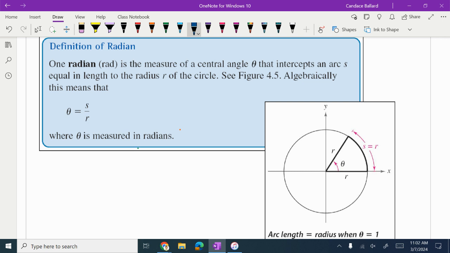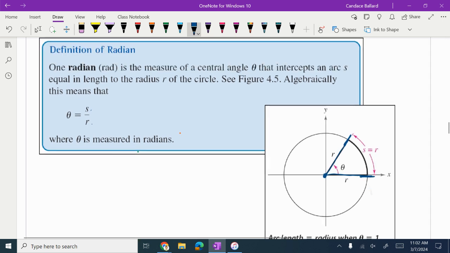So what that means, remember a central angle is something that comes out of the center of the circle, and the measure of this angle intercepts the arc of the circle. To get theta, we don't do this calculation. It's just showing you the background. That arc length, we divide it by the radius, and then that gives us a radian measure. That's where the radians come from.